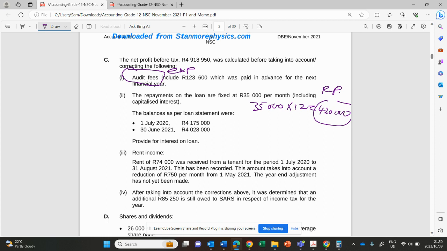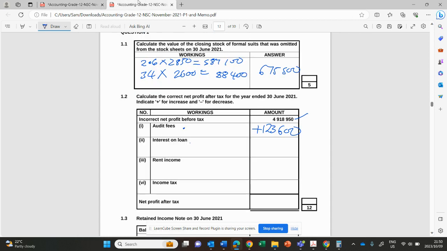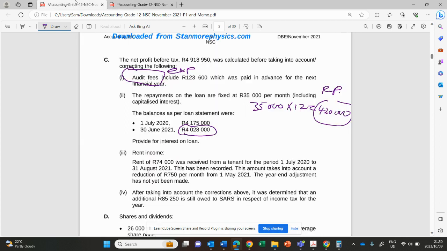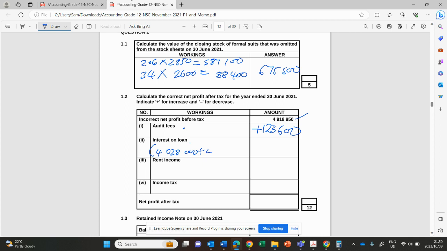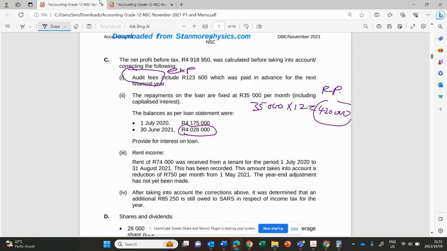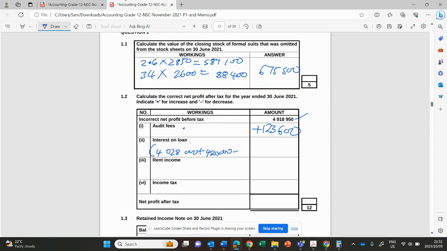How? You're going to say the loan balance at the end, add repayment, then subtract the loan balance at the beginning. The loan balance at the end is 4,028,000. Add repayment, including the interest, 420,000. Subtract the balance at the beginning, which is 4,175,000.